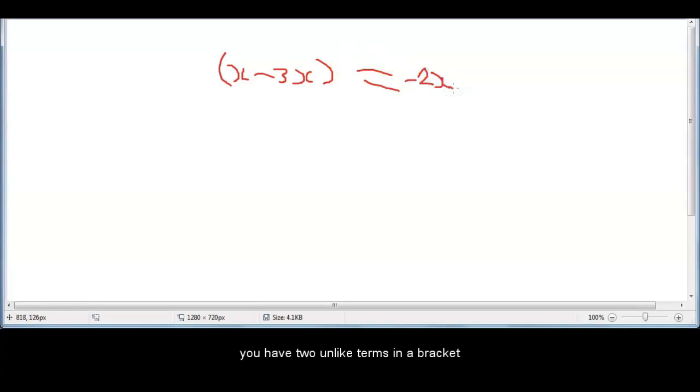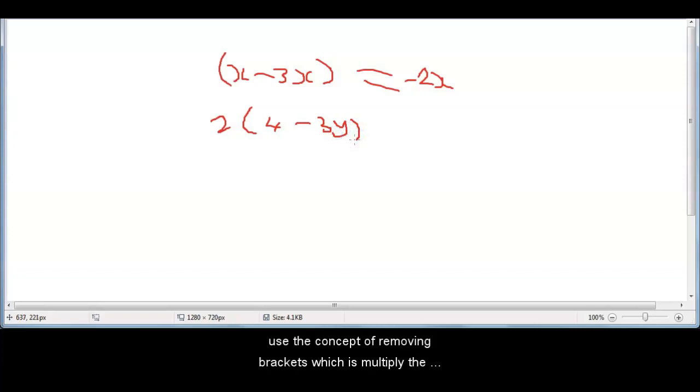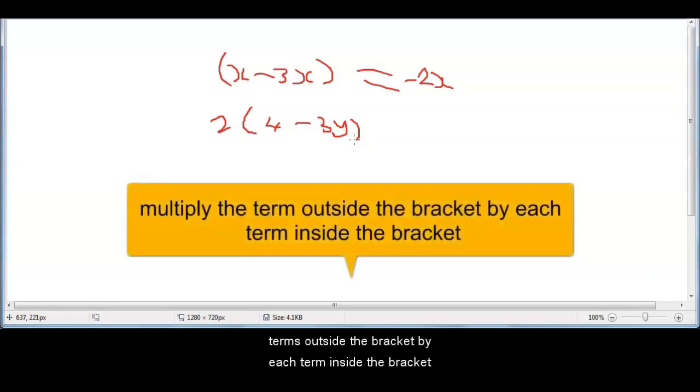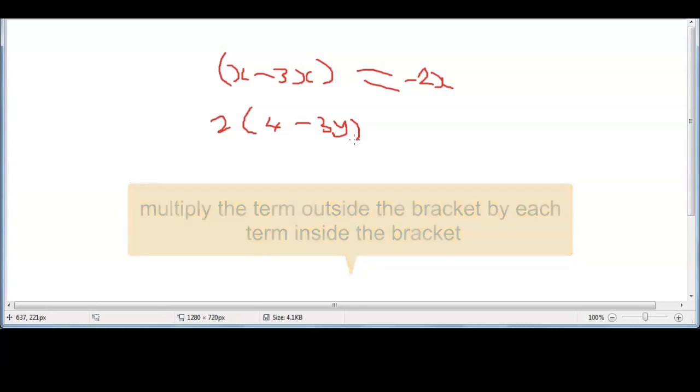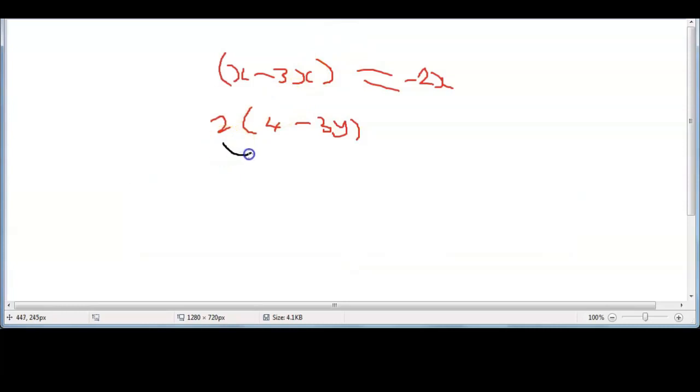If on the other hand you have two unlike terms in a bracket, say 2 into 4 minus 3y, you can use the concept of removing bracket, which is to multiply the term outside the bracket by each term inside the bracket. That should be 2 multiplied by 4 and then 2 multiplied by minus 3y, which is equal to 8 minus 6y.